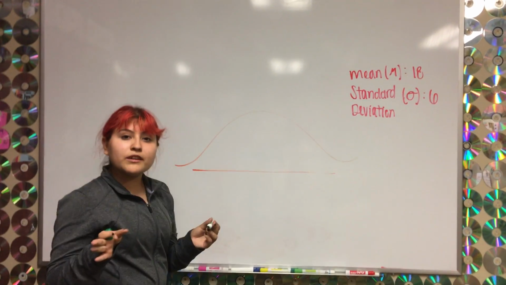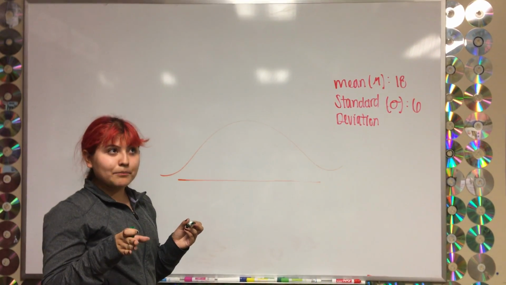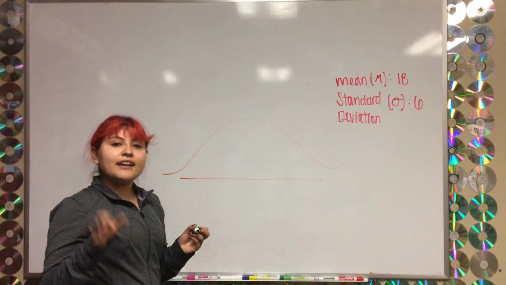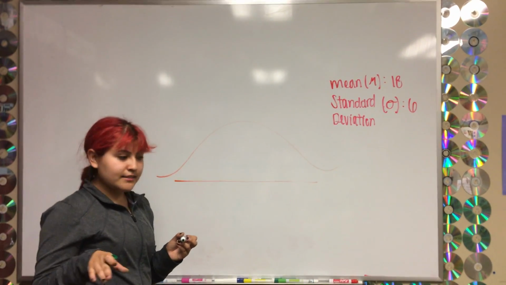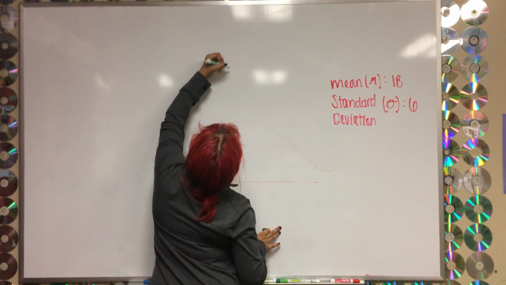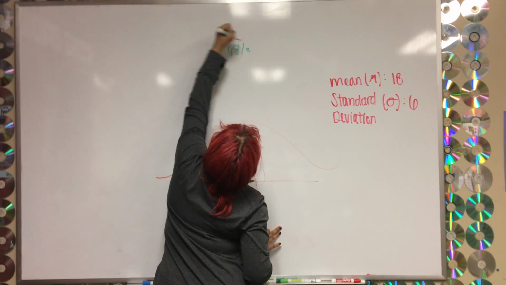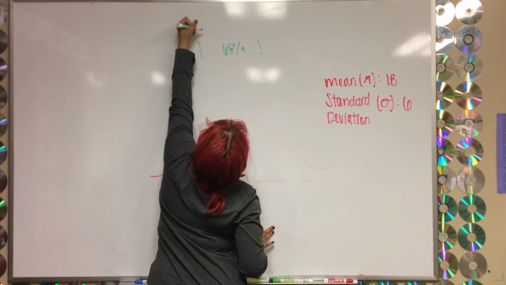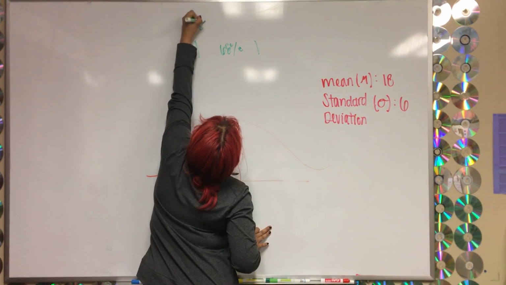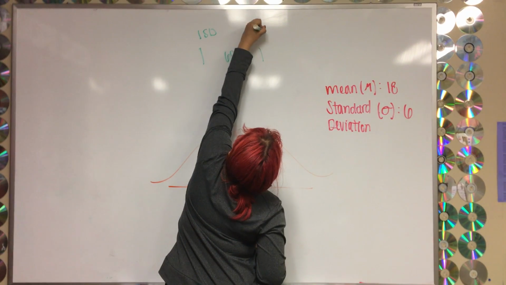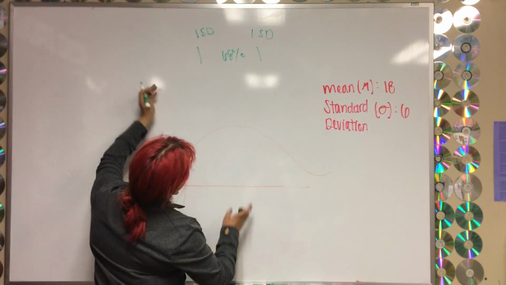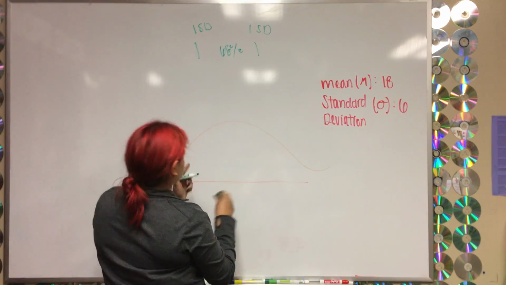So what the 68%, 95%, and 99.7% rule states is the middle 68% of the normal distribution is one standard deviation away from the mean. Middle 68%.